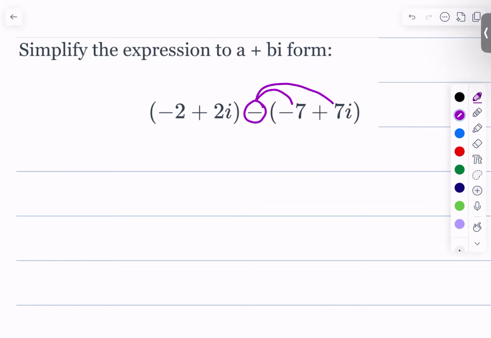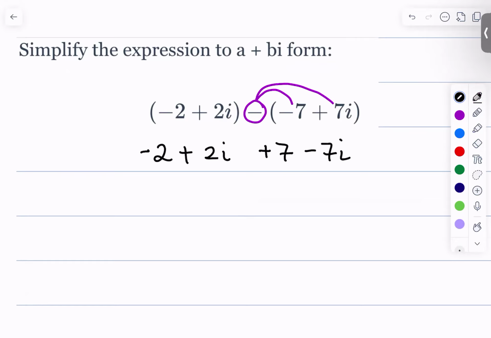If we are distributing a negative, all we're doing is taking the opposite sign. So if it's -7, it will be a +7. If it's a +7i, it will be a -7i.